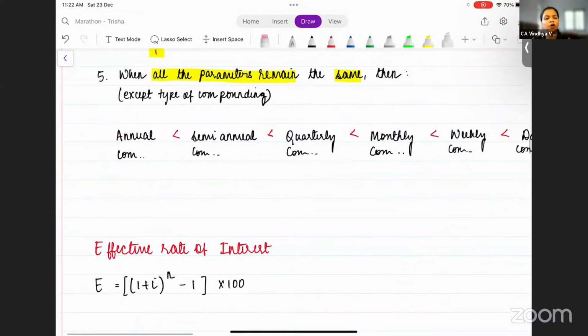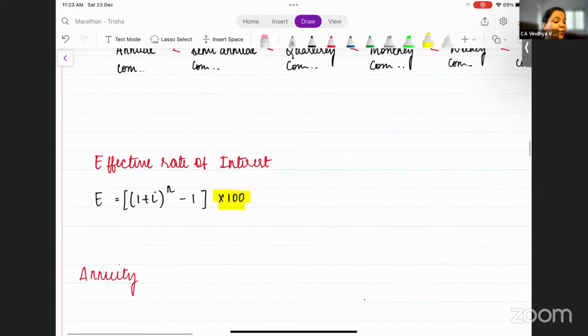Next, small concept of effective rate of interest. Usually a direct question is asked here: find the effective rate of interest. Now you can see something different here, multiplied with 100. You might not have seen it in places. So why do I tell you to multiply it with 100? Because you're finding the rate of interest, and rate of interest is always in percentage.